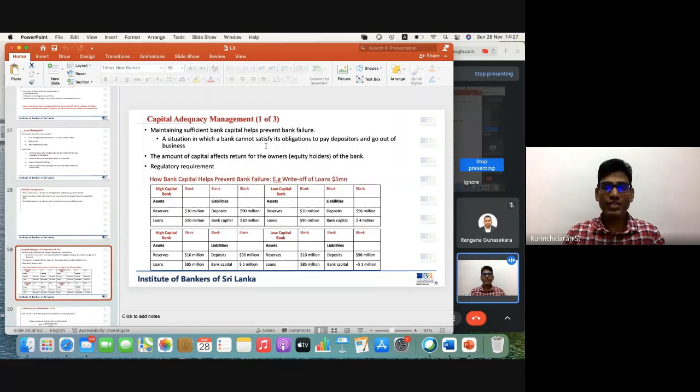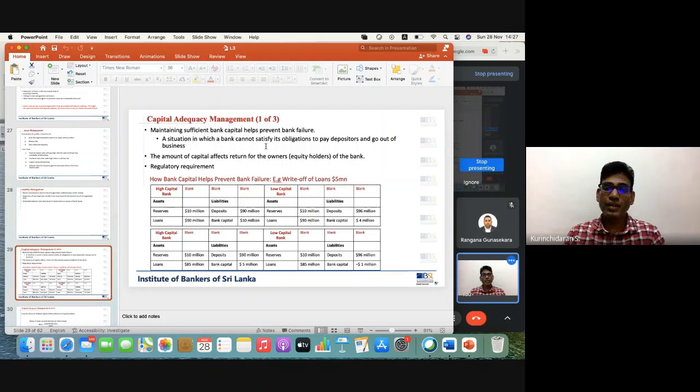right? When you have sufficient capital, you can avoid bank failure, right? Bank failure means you don't have enough funds to settle the obligations or depositors' obligations, right?